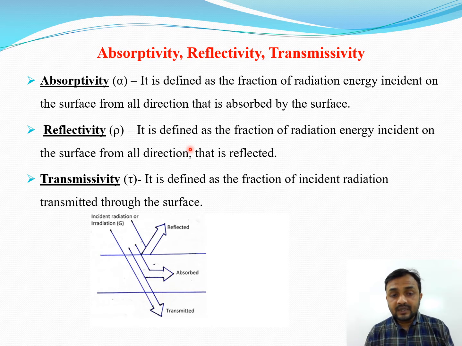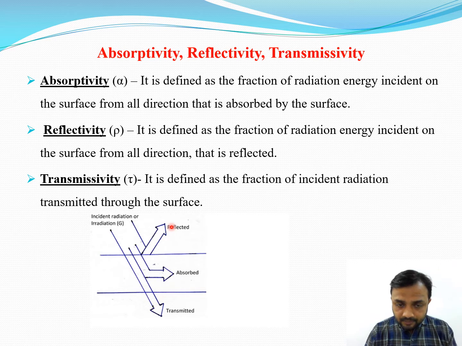What is reflectivity? It is defined as the fraction of radiation energy incident on the surface from all directions that is reflected. This is known as your reflectivity. You see clearly in this figure. This is the reflected ray, which is incident on the surface.